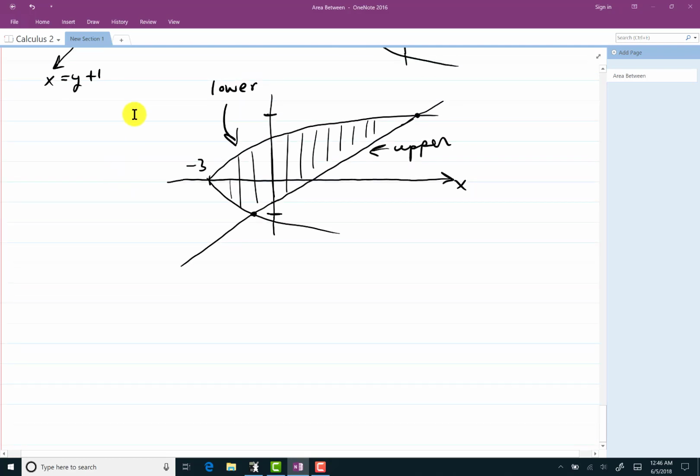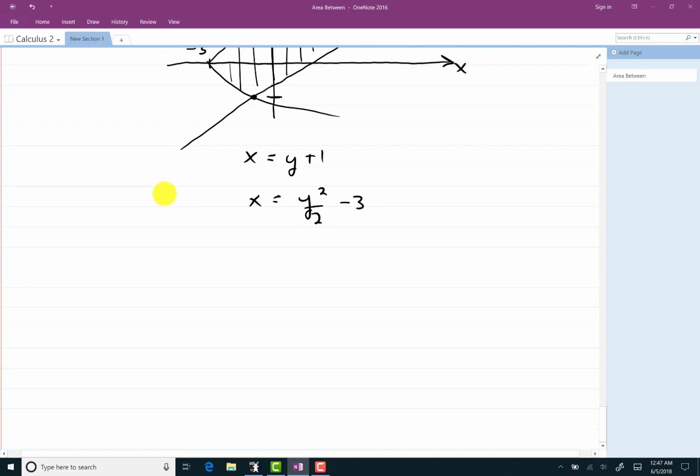Let's find the intersection, at least the y values of the intersection points. I had x equals y plus 1, and then I had x equals y squared over 2 minus 3. I'll set them equal to each other. y plus 1 equals y squared over 2 minus 3. I think what I'm going to do first is multiply everything by 2.